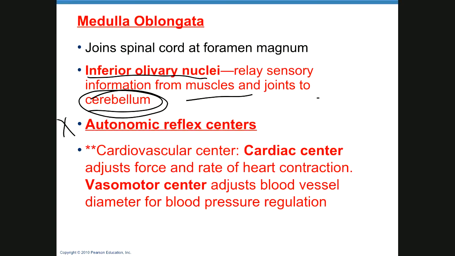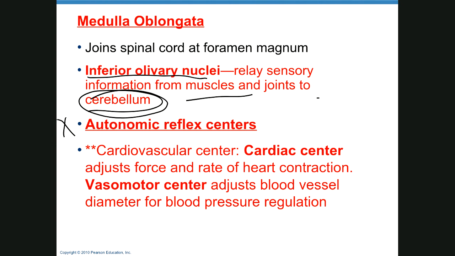So the medulla is going to be informed of normal homeostatic changes of blood pressure, heart rate, vasoconstriction or dilation. And based on the information received, the autonomic centers in the medulla are going to adjust in order to keep the body in homeostasis.